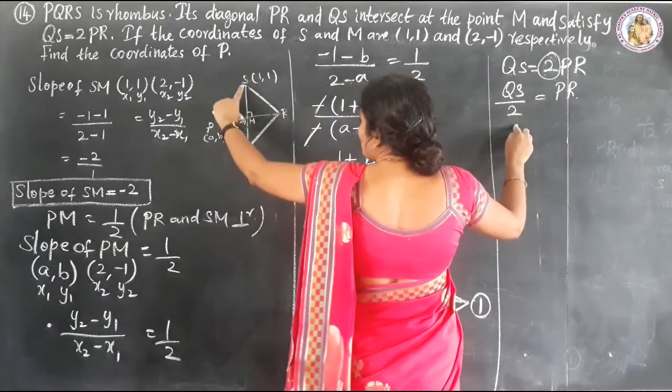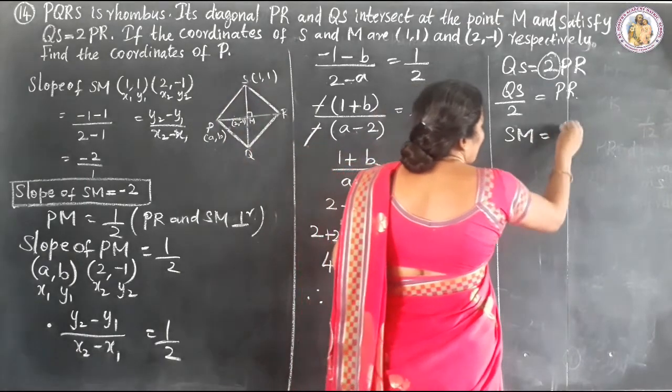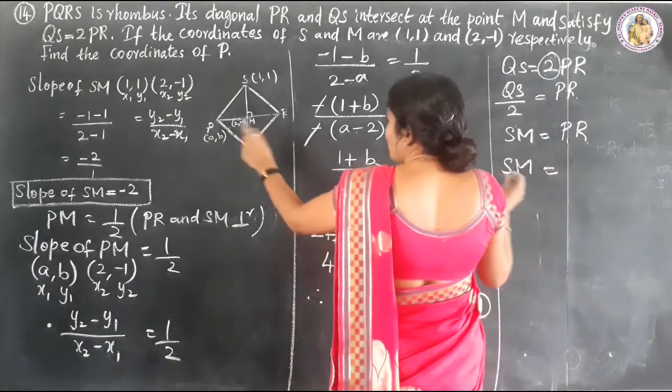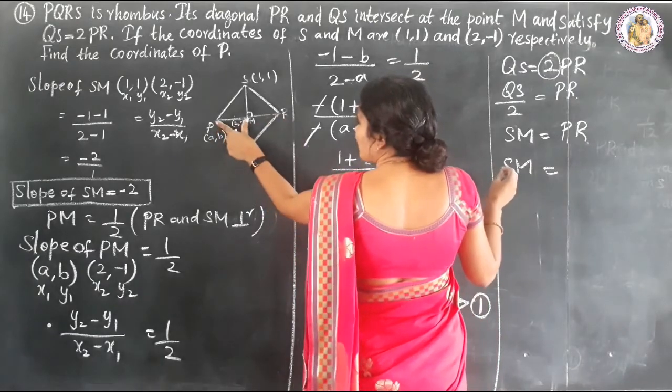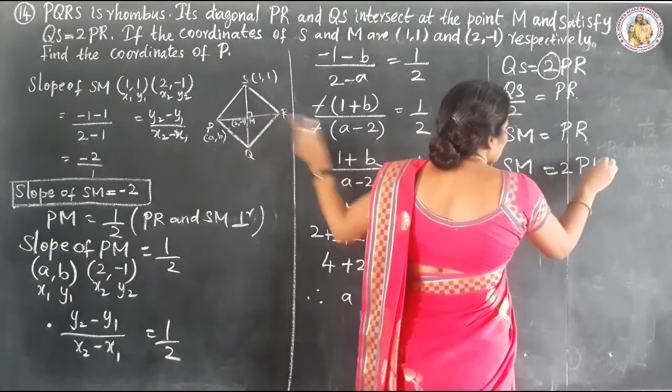QS divided by 2 is SM. So SM is equal to PR, and therefore SM is equal to, for PR we have 2PM. So SM is equal to 2PM.